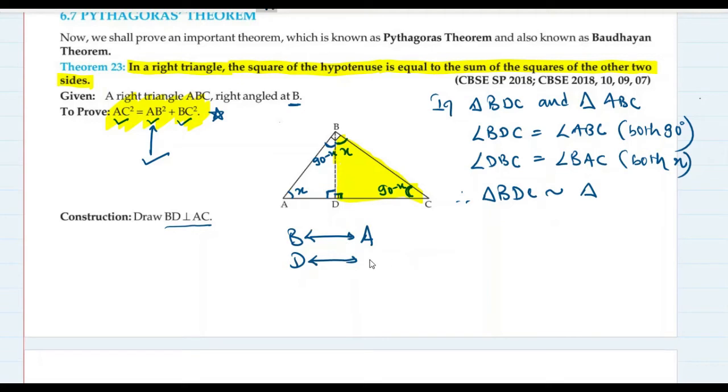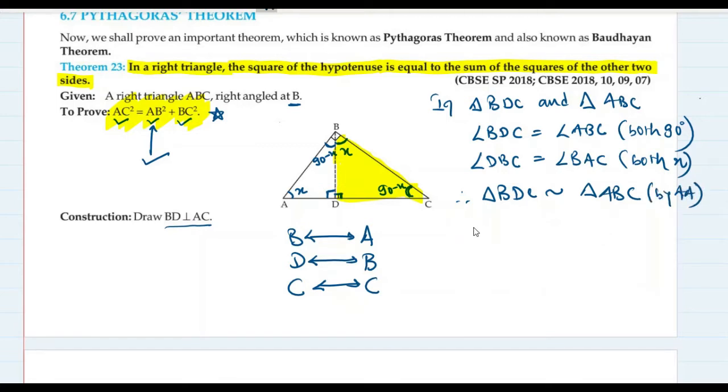In the big triangle ABC, angle B is 90. In the small triangle BDC, C is 90 minus X. In the big triangle ABC, C is 90 minus X. So triangle BDC is similar to triangle ABC. That is the proper name according to similarity. Now again I'm going to write, by AA similarity.